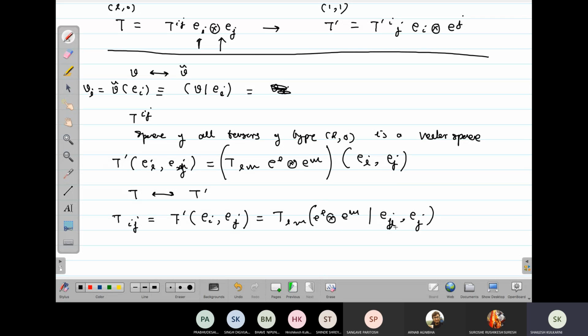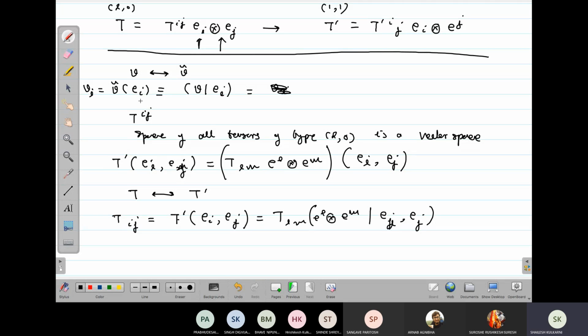So EL inner product EJ, EM inner product with EL inner product with EI, EM inner product EJ. This is how the two etas are coming. So we have the way to go from contravariant tensors to covariant tensors.